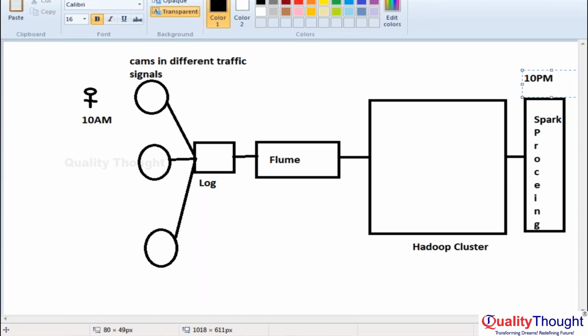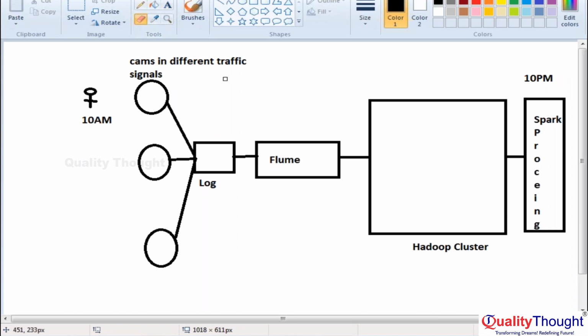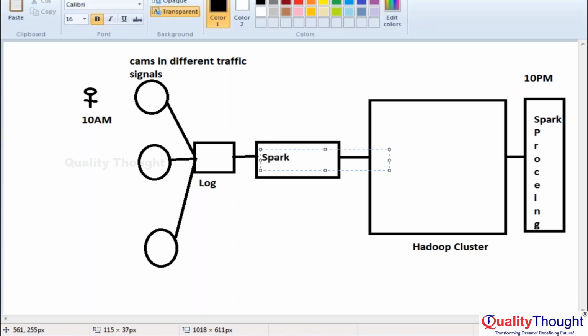If you replace Flume with Spark streaming or Storm streaming, then you can apply live analytics. Every 2 seconds or 3 seconds or every 10 seconds, we can run analytics. We have this feature in Spark streaming and Storm streaming.